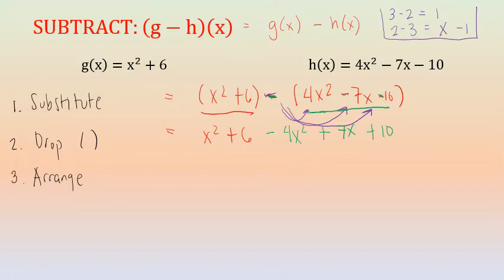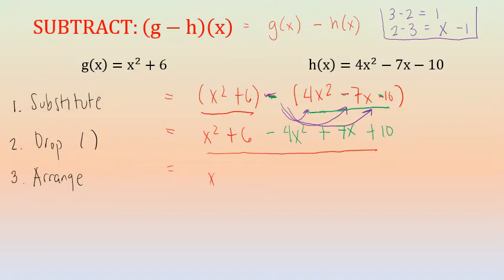Arrange muna natin yung ating function. Paano natin siya ina-arrange? We arrange it wherein nandito sa unahan, sa leftmost, yung term with the highest exponent. So dito, what is the term with the highest exponent? It is x squared.